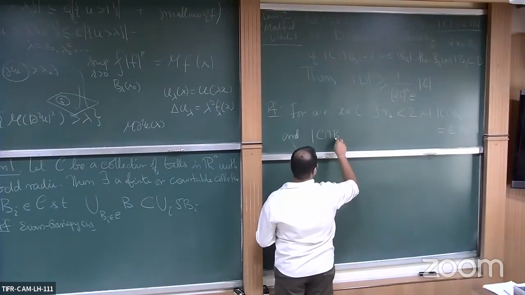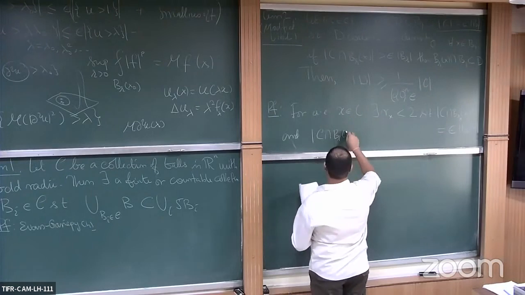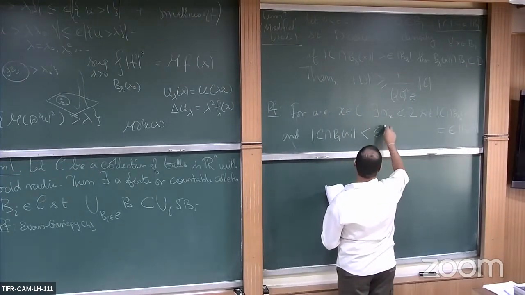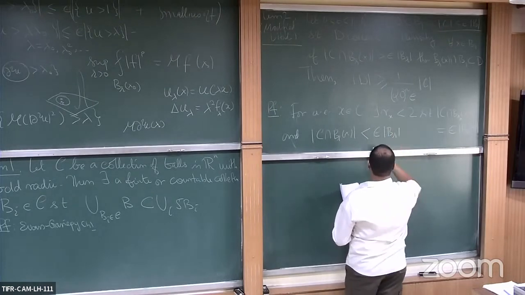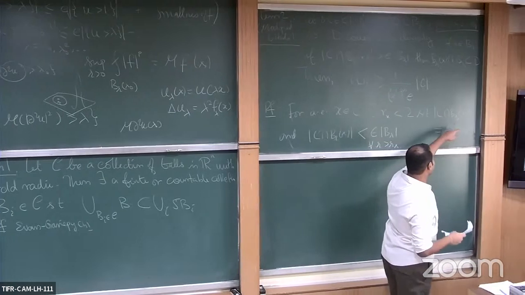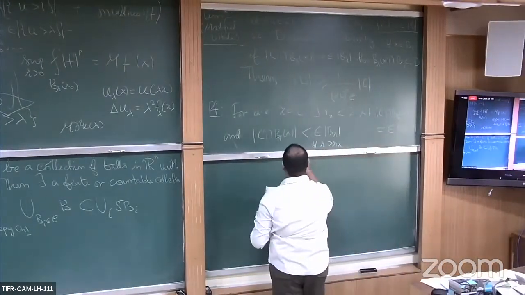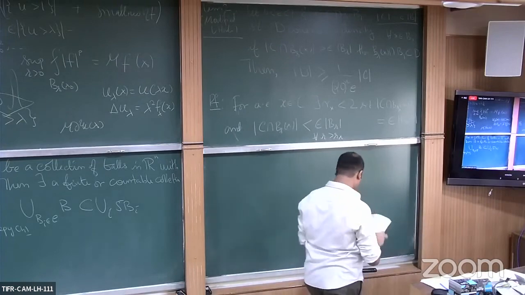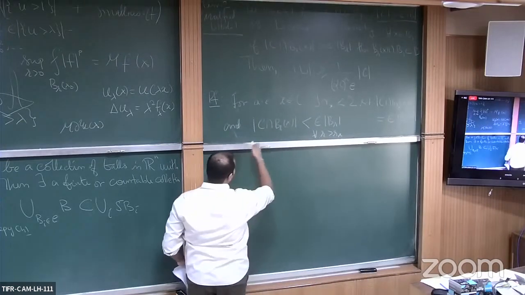And the density of C in B_r(x) falls below epsilon for all r over r_x. This is like the last time it happens, and after that it continues to fall. You take a supremum. Okay, so now I have a covering of C, right?